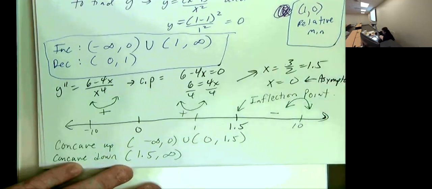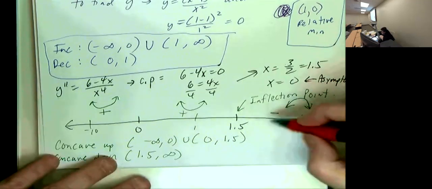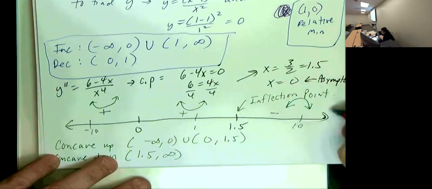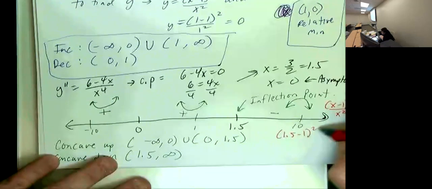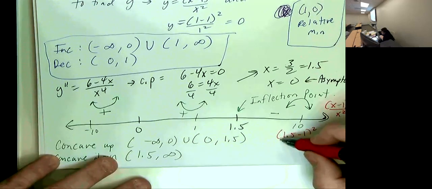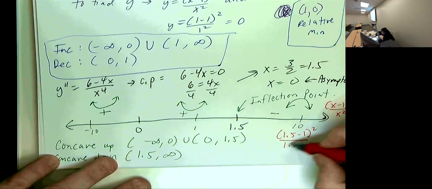We can find the y value by plugging into the original equation. So we had (x minus 1) squared over x squared. So (1.5 minus 1) squared over 1.5 squared.